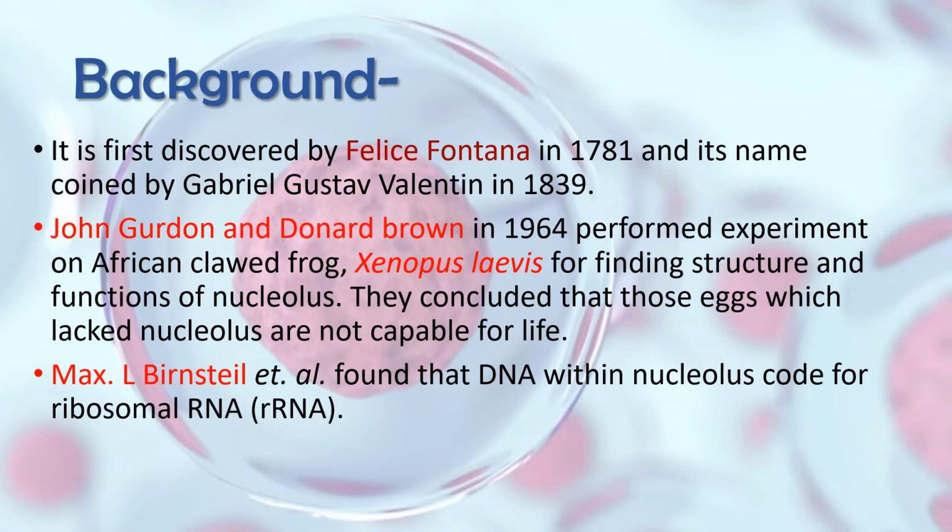Next, this is the background of the nucleolus. What is the history behind the nucleolus, its discovery and the experiments conducted? It was first discovered by Felix Fontana in 1781, and its name was coined by Gabriel Gustave Valentin in 1839.